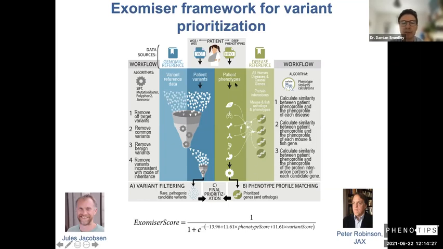But over here on the right, we take the patient's phenotypes and come up with a prioritized set of genes. And here we're using those semantic similarity algorithms. So we're comparing the patient's phenotypes to everything we know about human disease or from model organisms, and then filling in the gaps using guilt by association network approaches. And then eventually we integrate this information so we produce a final score. And essentially what we're hoping is we end up with a single rare predicted pathogenic variant in a gene that's very phenotypically similar to what we see in the patients.